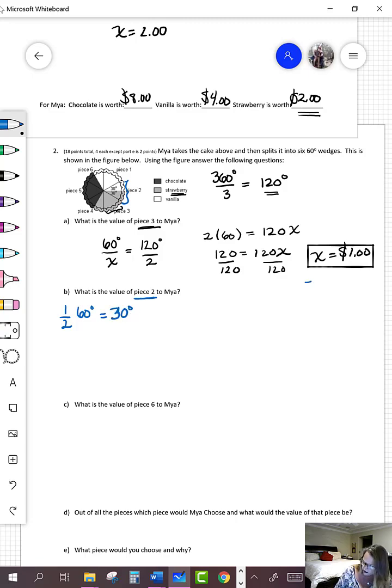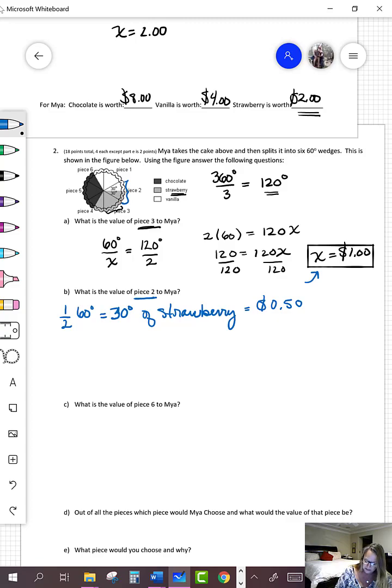Well, we know that the cost here is $1. So 30 degrees of strawberry in her eyes is worth 50 cents, or half $1. We could have set that up as a proportion also.